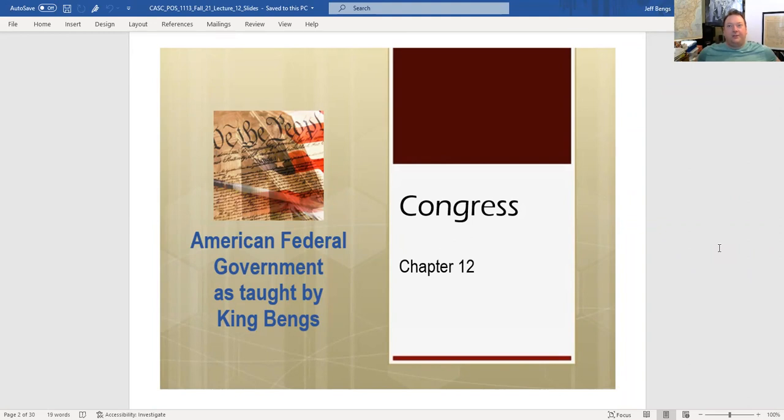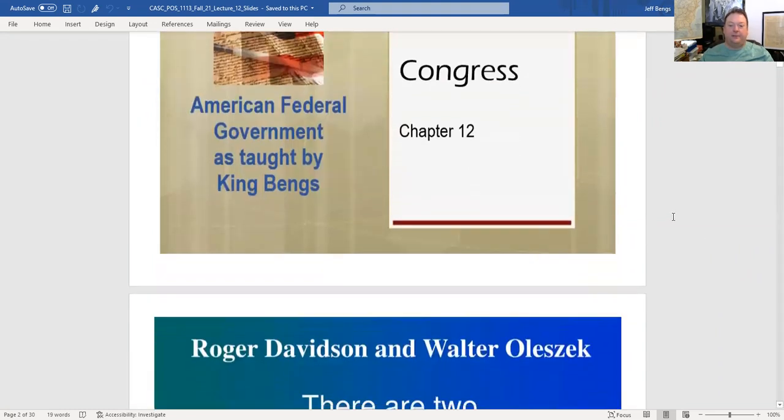It is the first branch in which all of its functions and all of the rules and all of the constraints that go with it are laid out. It's the first one that's laid out in the Constitution, right? Article 1 is about Congress. There's a reason for that.